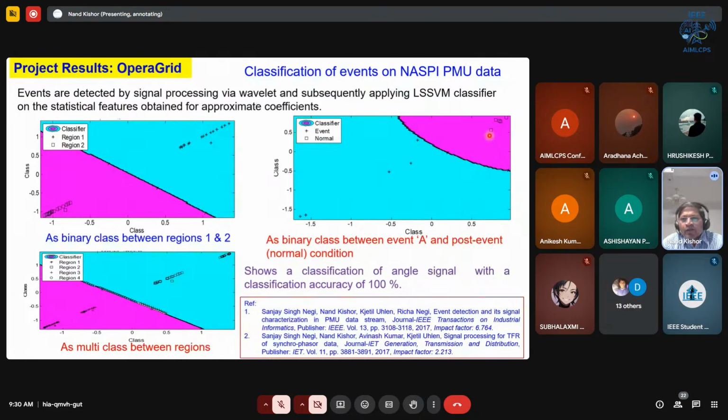Then the post-event situation as a binary classification, and we considered one of the events, I suppose, as a multi-class between the regions here. We were able to achieve a classification accuracy of around 100%. If you want some more details about this study, it is included in some of these references here.